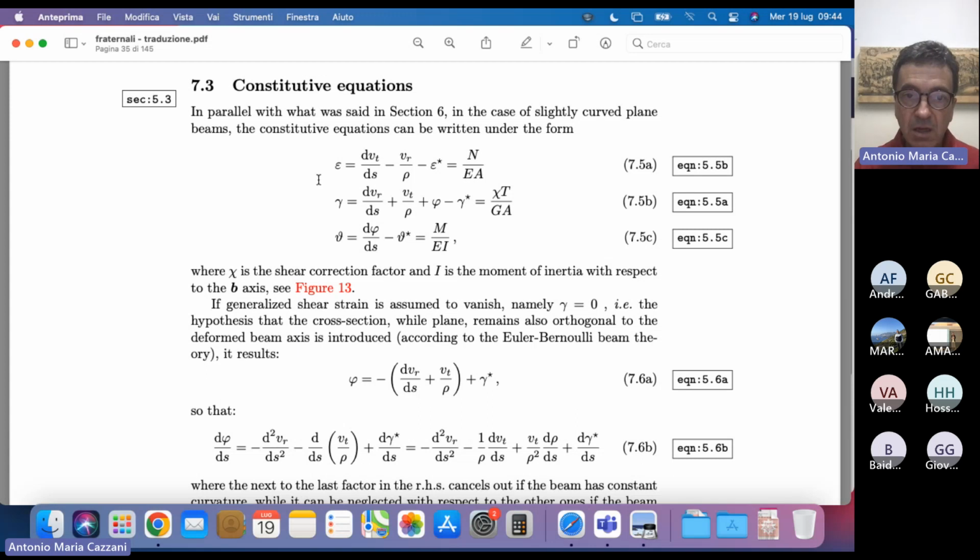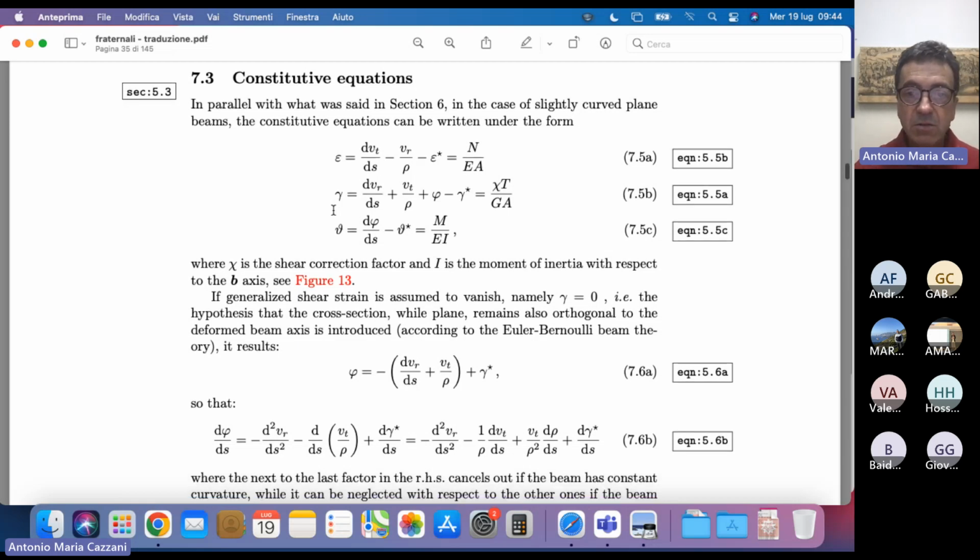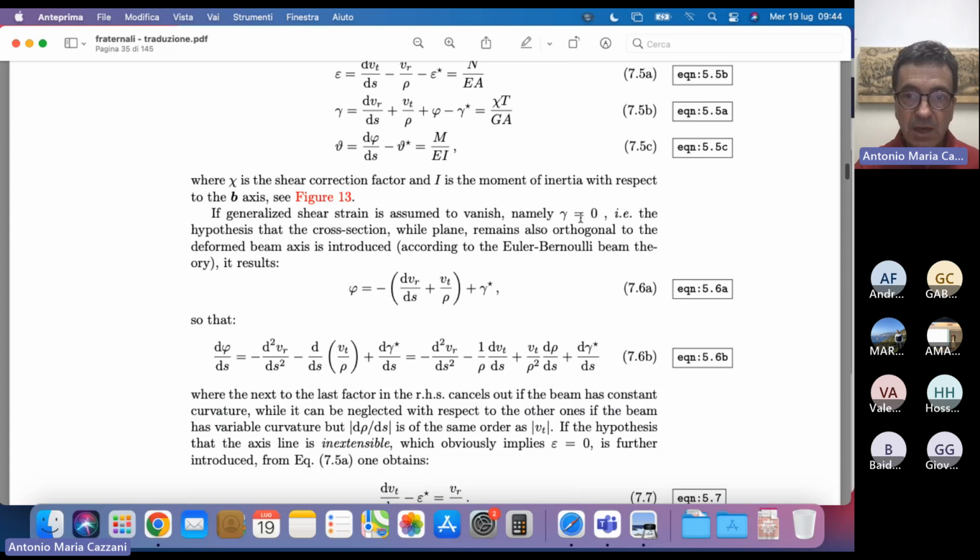So a beam which cannot experience shear strain is a kind of beam following the Euler-Bernoulli model. And so if we have that gamma is equal to 0, then that means that, of course, T cannot be determined by the constitutive law, but only by equilibrium.